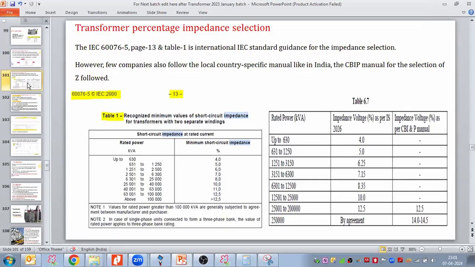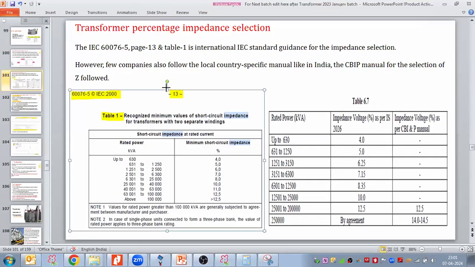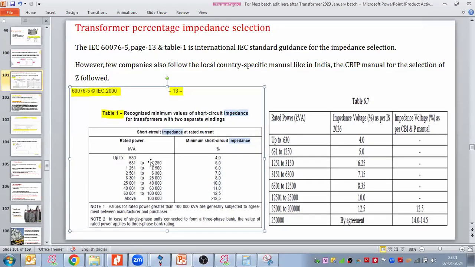Now, from where do we select the impedance? In order to select the impedance of the transformer, we follow IEC 60076 Part 5, page number 13, Table 1. This is the reference for the impedance selection of the transformer.